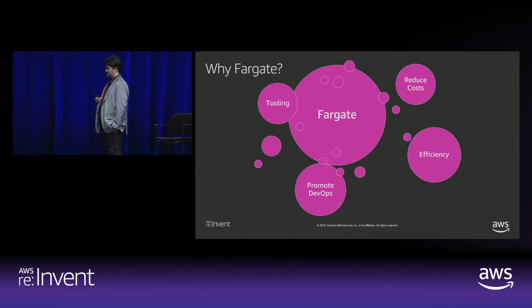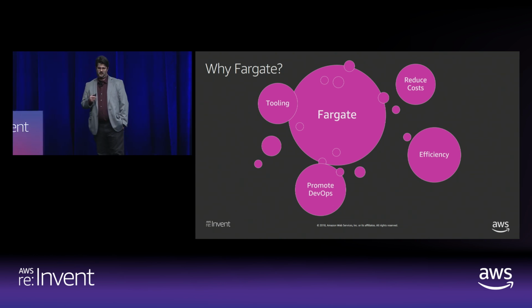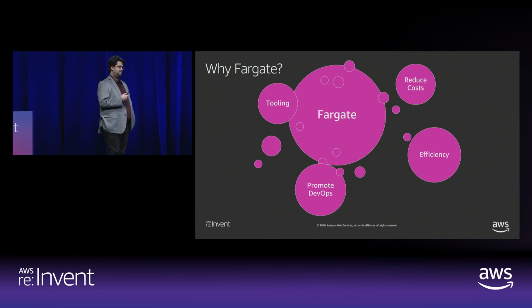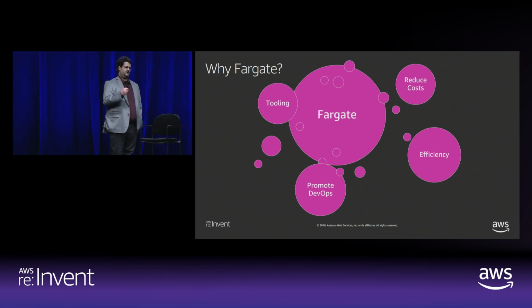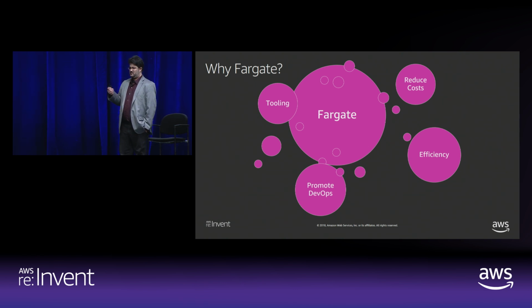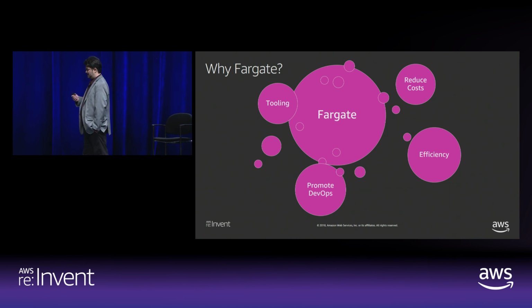Fargate was a technology that enabled them to get into the DevOps culture and mindset without having to take as big of a leap as they would have had to take in other technologies. The leap that other technologies required of them was too large.